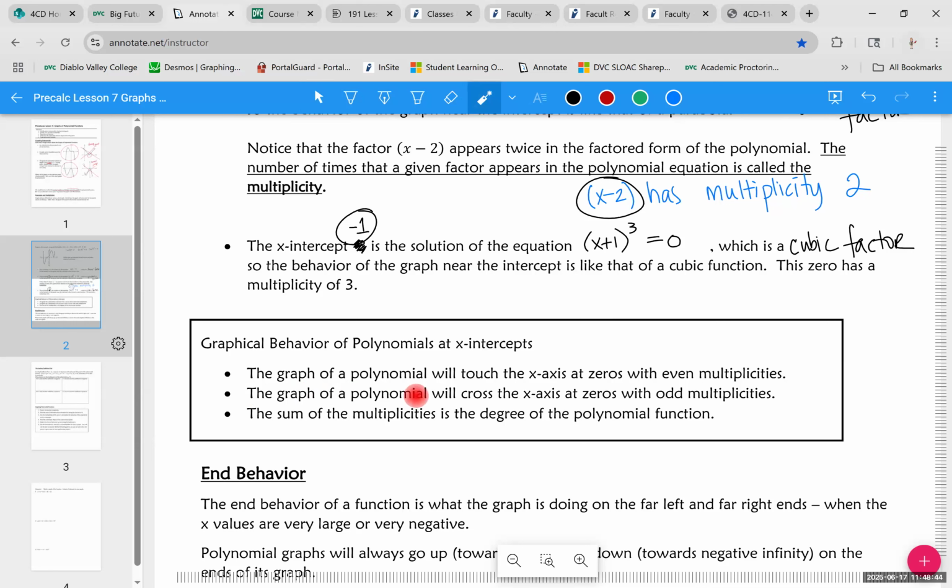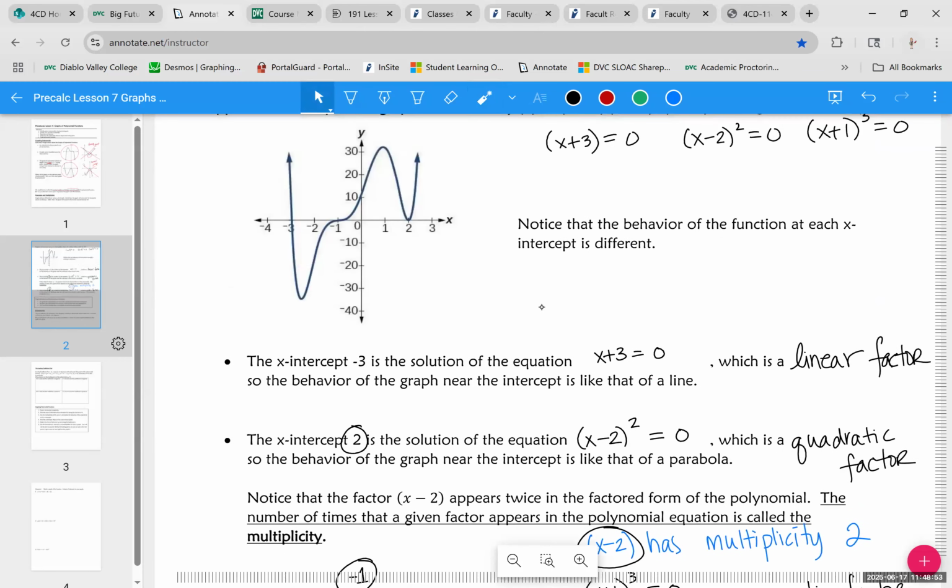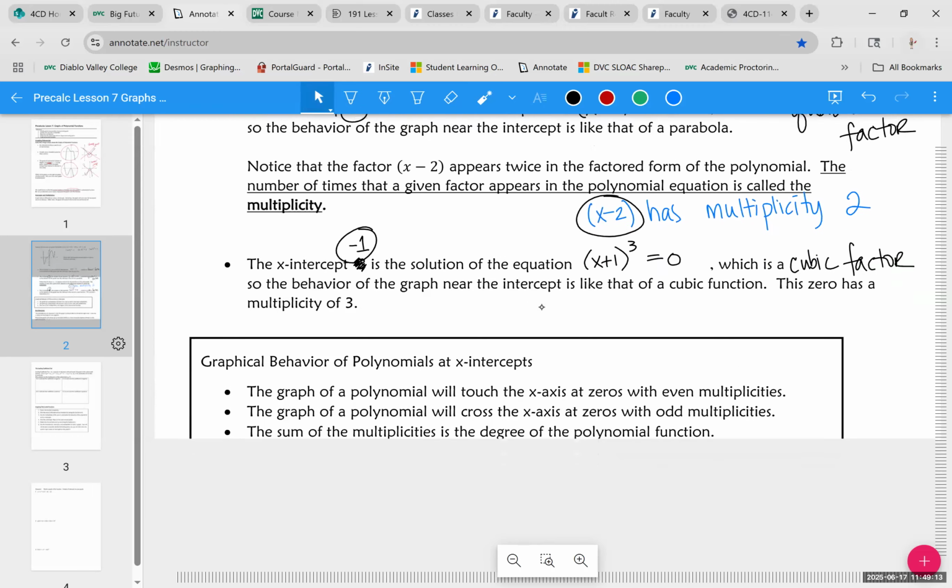And if the graph crosses the x-axis, then that 0 has an odd multiplicity. So again, both of these, here and here, the graph did cross from one side to the other of the x-axis. This had multiplicity 1, and this had multiplicity 3. So the behavior is a little different. It's a little more linear here and cubic here, but it does cross from one side to the other.